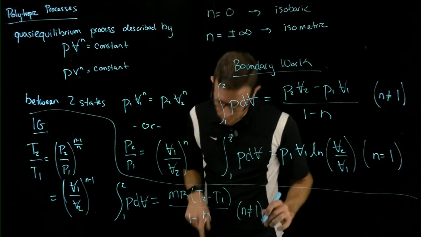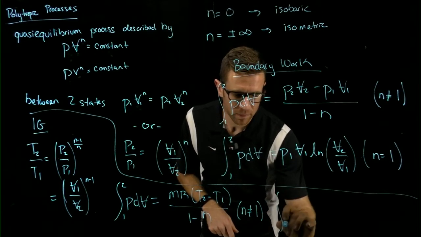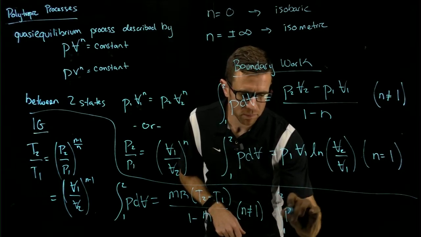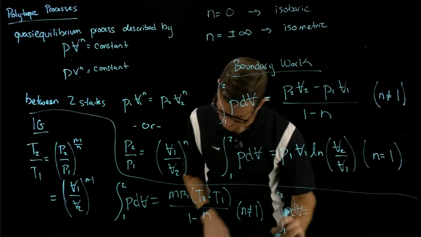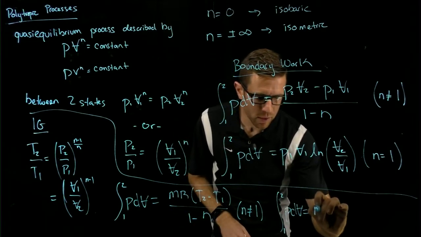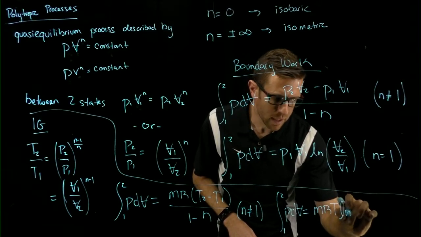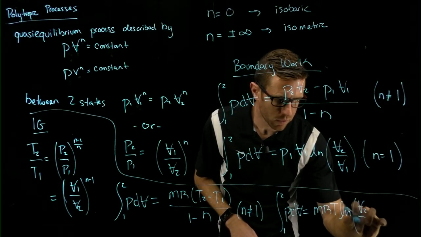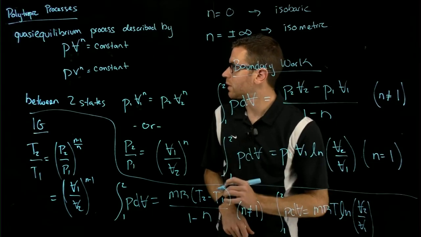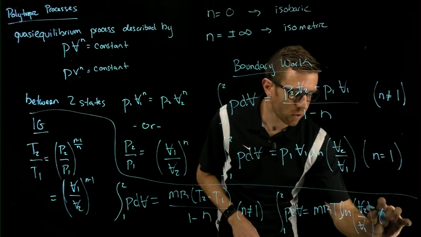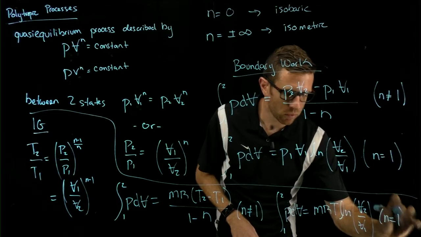And for n equal to 1, my boundary work is going to be equal to mRT times the natural log of V2 over V1. And that is for n equal to 1.